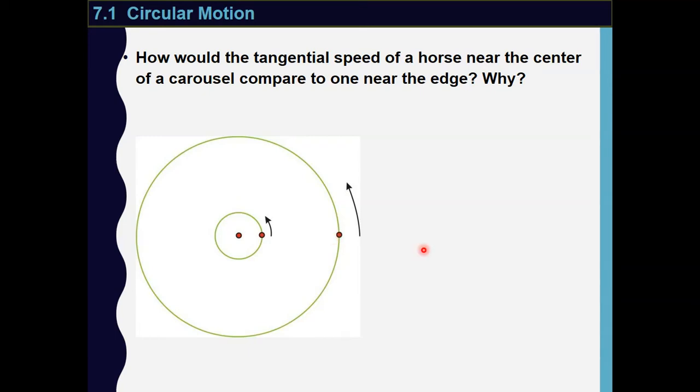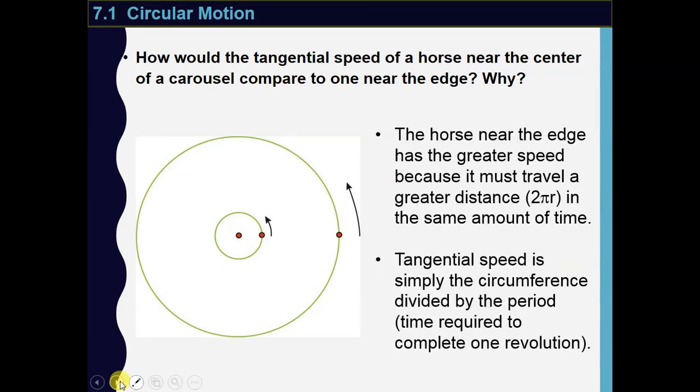Okay, so we know, girls, that the horse near the edge has a greater speed because it must travel a greater distance, 2 pi r. What does 2 pi r mean? Do you know what it is? It is the circumference of the circle. You know the circumference of a circle in math is 2 pi times the radius.